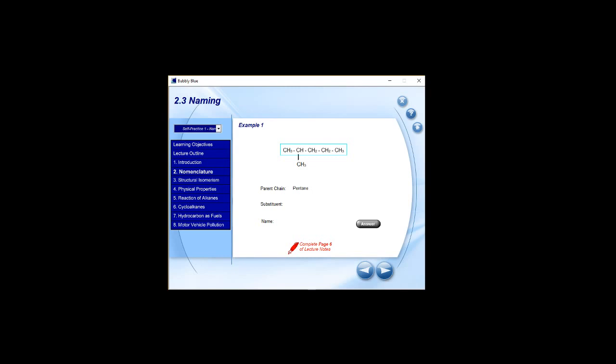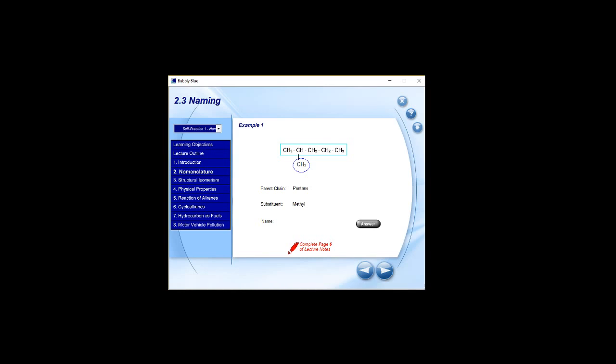Next, we need to identify the substituents attached to the parent chain. In this example, we find that there is a methyl substituent. However, at what position is this methyl substituent attached to the parent chain? This is when we need to number the carbon on the parent chain.